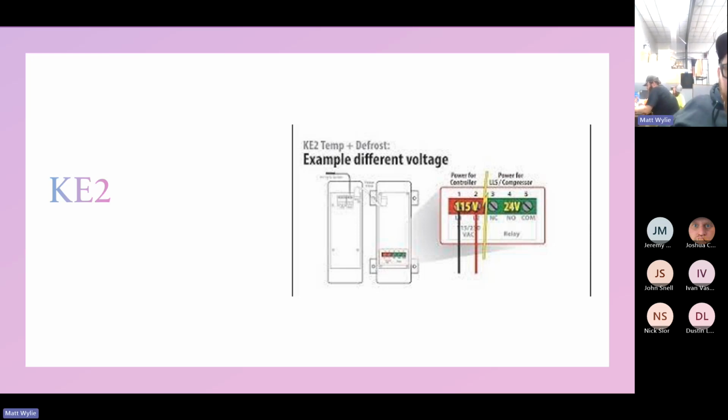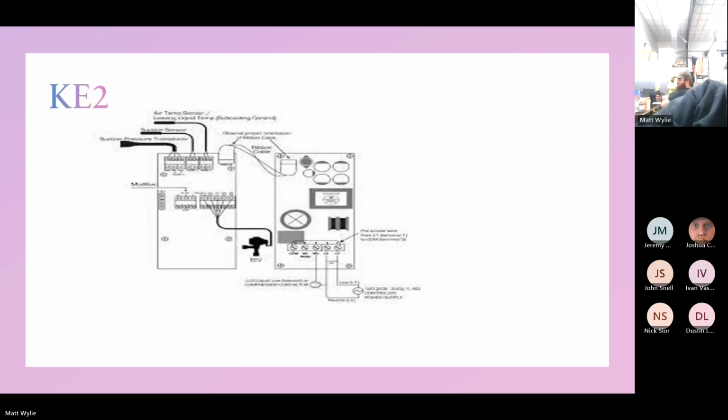The K2 Air Plus defrost hooking up: the dual voltage, you have the 115 or 240, L1, L2, and normally closed and common. One side of your solenoid coil goes to the normally closed, and then the other line power comes back to your common. Yeah, that one you can't really see.